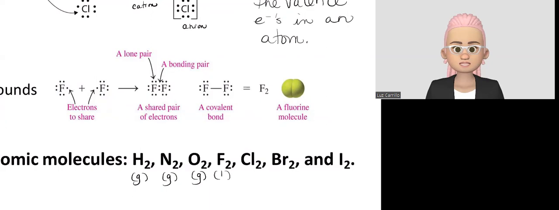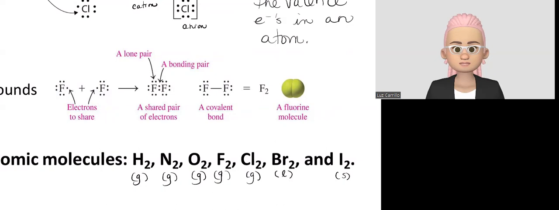Fluorine, which is a gas. Chlorine, which is also a gas. Bromine, remember, is mostly found in liquid form, and iodine is found as a solid. So that's why you see an L, cursive L, below bromine, and below iodine you see an S. That's just representing the state of matter for these diatomic elements.